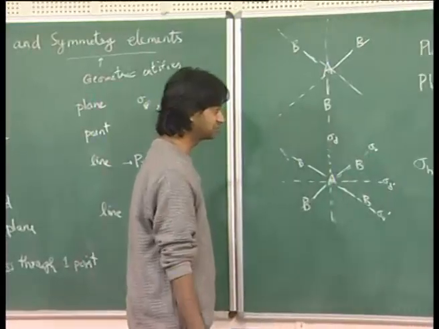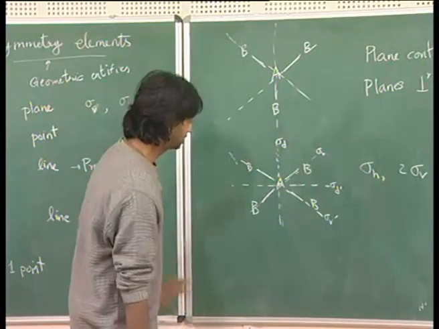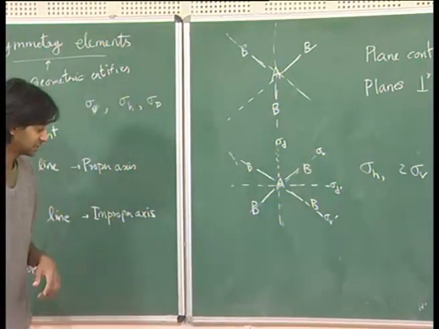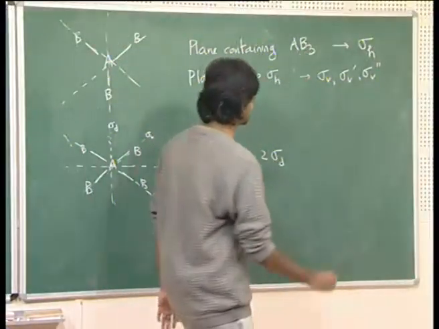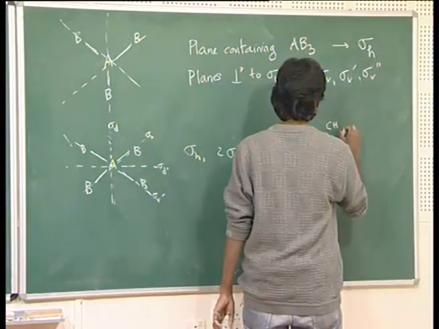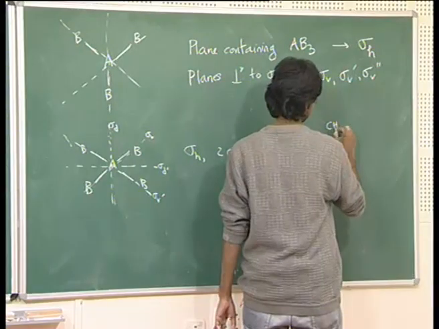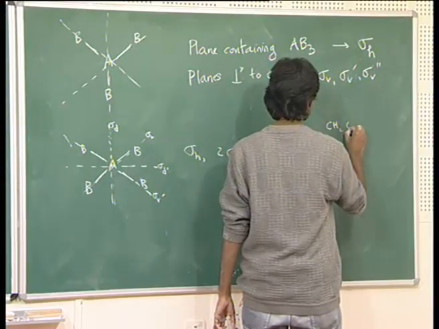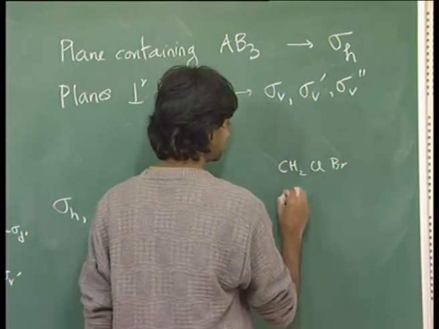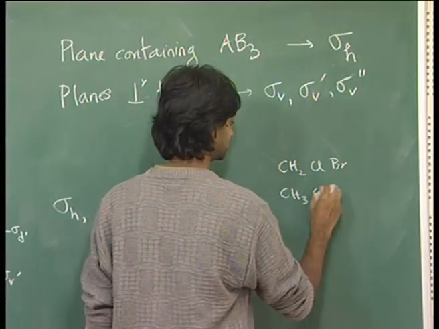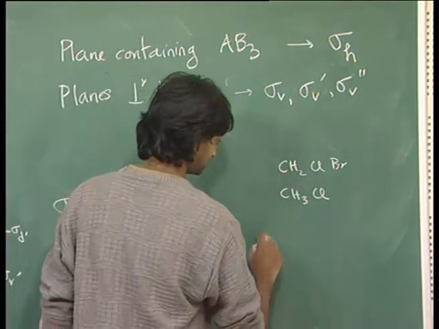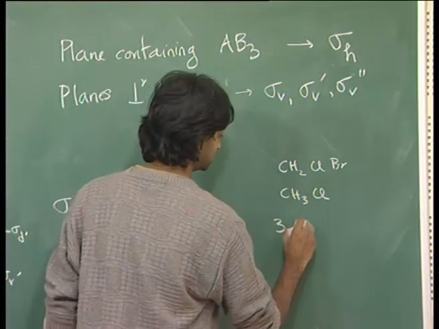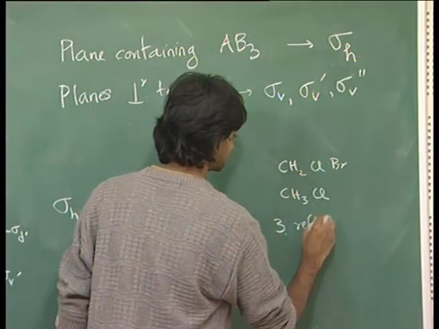There are just a couple more examples I want to give, so that you know how to count the reflections. We started with CH2ClBr. Now if you had CH3Cl, then we have three reflection planes.